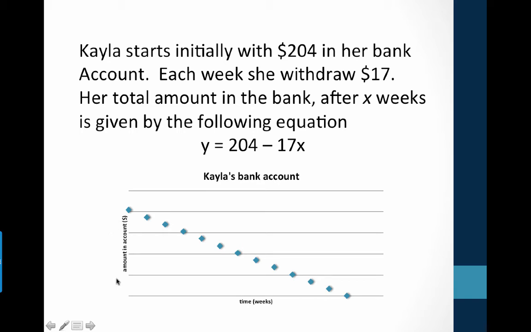Amount of money in the account is over here on the y-axis. She's starting somewhere up here, $200, and then it's going down because she's taking out $17 every week. That's the mental picture that you want to have.